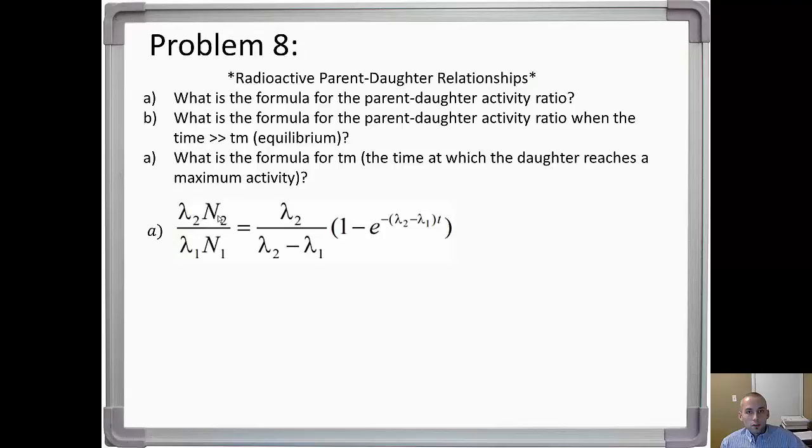So part B is, what is the formula for the parent-daughter activity ratio when the time is much greater than Tm? Tm is the time at which the daughter reaches maximum activity. So this is also known as equilibrium. So what's the formula? In this case, this ends up equaling 1. So you can essentially get rid of it.